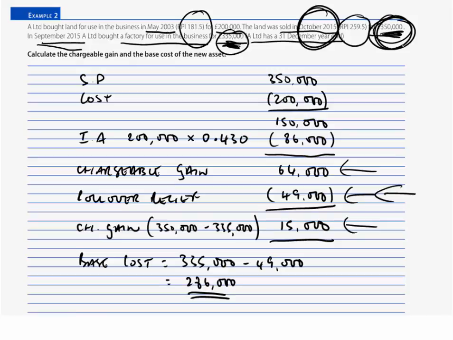So although we have only at the moment reinvested £335,000, if a further £15,000 plus is invested in another qualifying business asset by or before October 2018, i.e. within 3 years of the disposal in October 2015, then a further claim for rollover relief would be available to you.